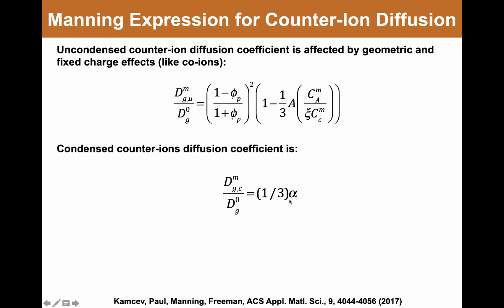The 1/3 is in there to remind us that this diffusion along the polymer backbone might be viewed as essentially a one-dimensional diffusion along a line or along a curve, and then alpha is a parameter that is gauging how much the diffusion coefficient of the condensed counterion is slowed down relative to its value in solution.